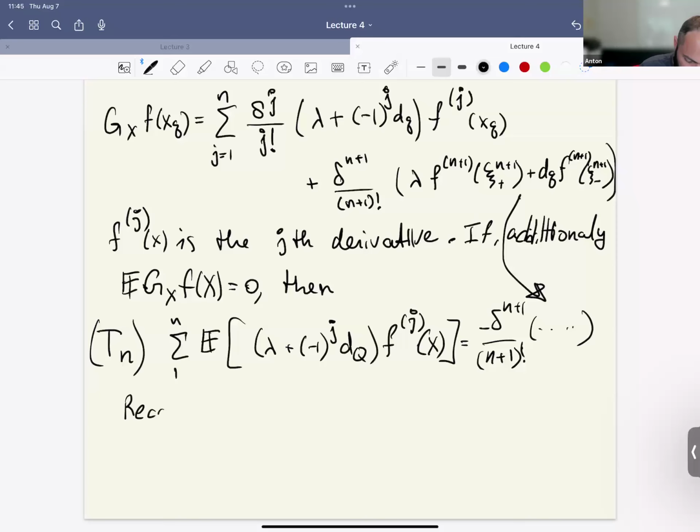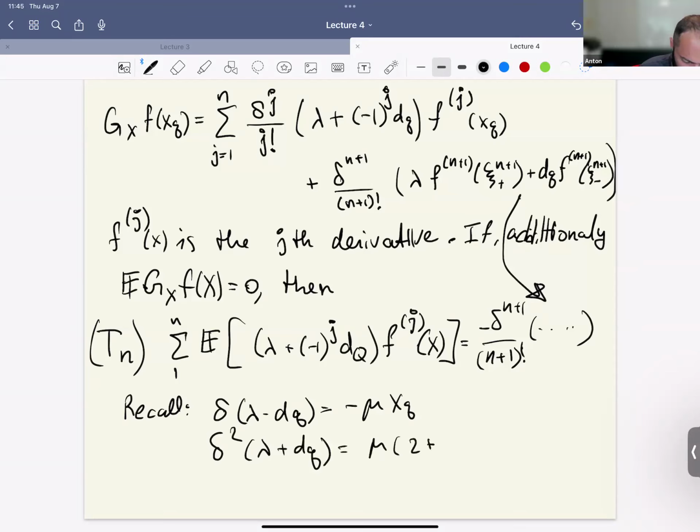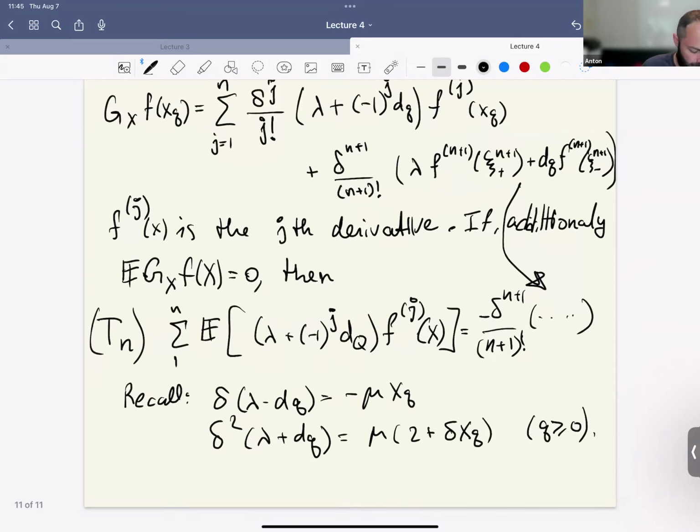Okay, we recall delta lambda minus d of q. This is negative mu x sub q, and delta squared lambda plus the death rate is mu 2 plus delta x sub q for q bigger than or equal to 0.